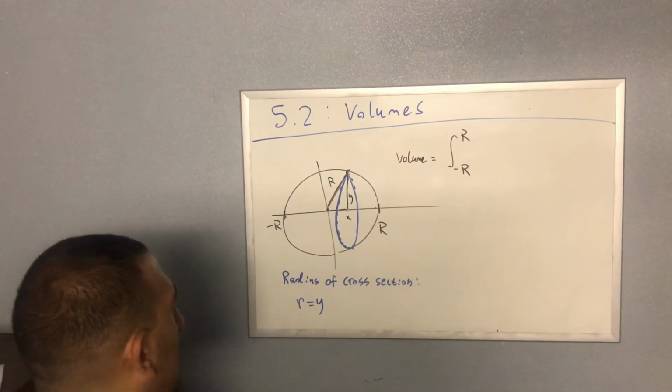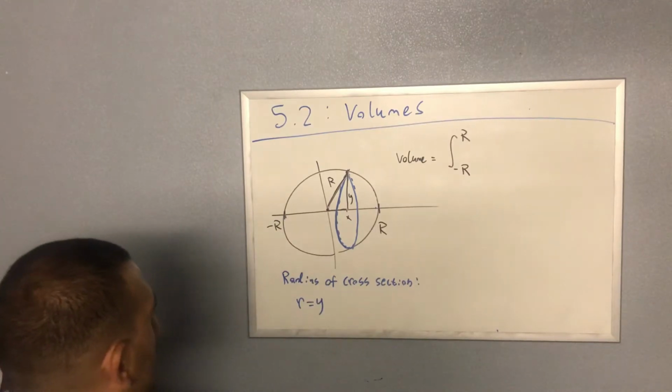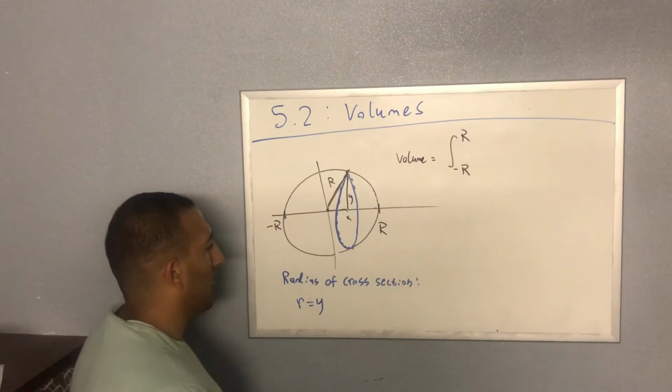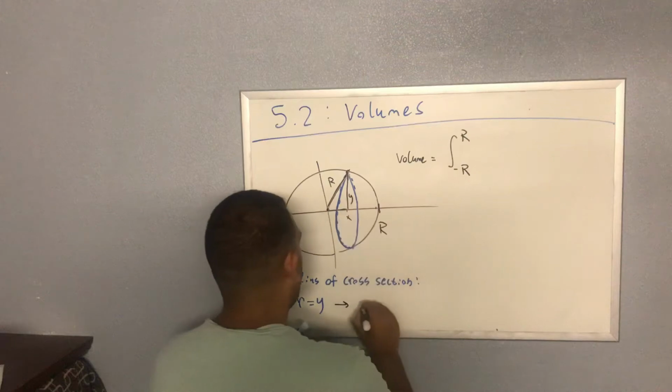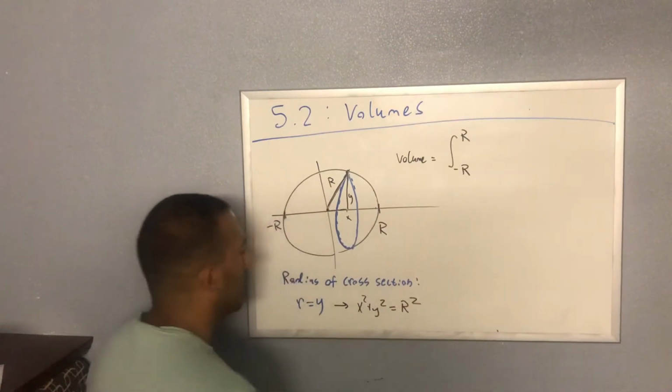But we can now express y in another way. Because of the Pythagorean theorem, we know that x squared plus y squared must be equal to r squared here.